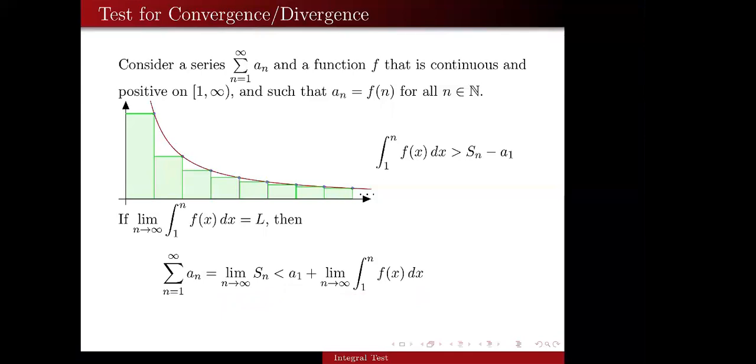And as you can see, because of this assumption, this guy here is just L. It's just a number. And what are we saying here? This sum here is less than some number, which is A1 plus L.